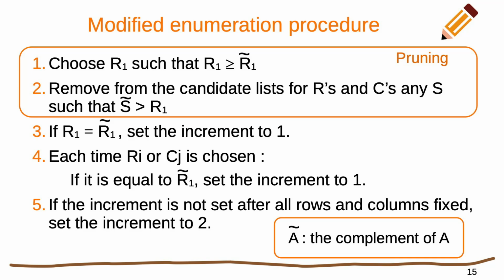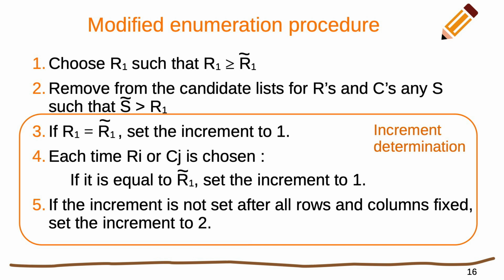These steps are sufficient to remove all cases that should be pruned. The remaining task is to determine whether the increment should be 1 or 2. If R1 is equal to R1 tilde, then the increment is immediately set to 1. Otherwise, the determination is postponed.